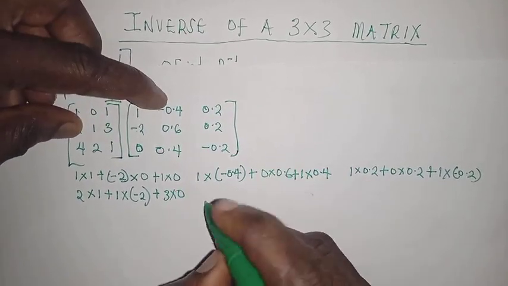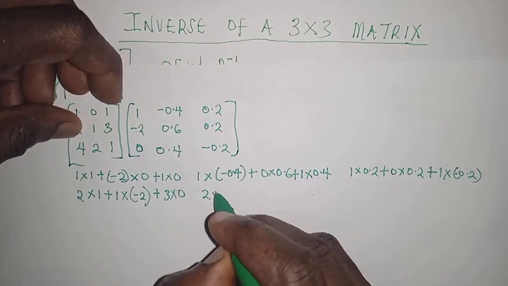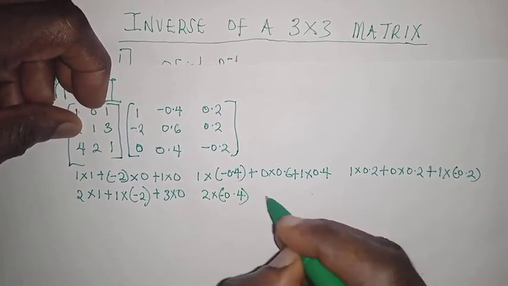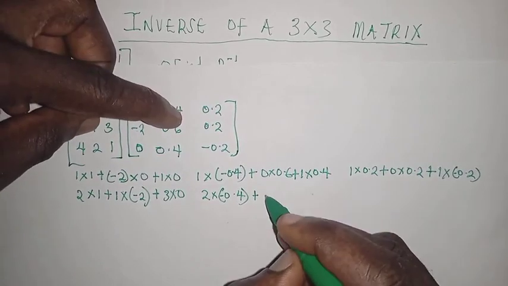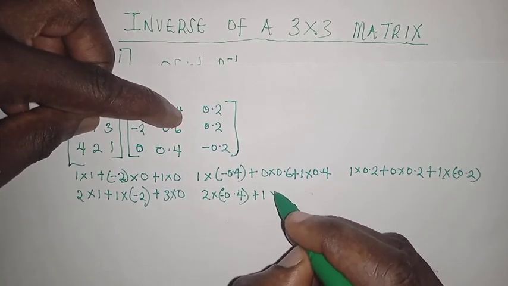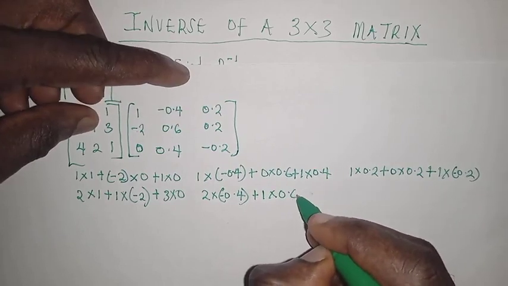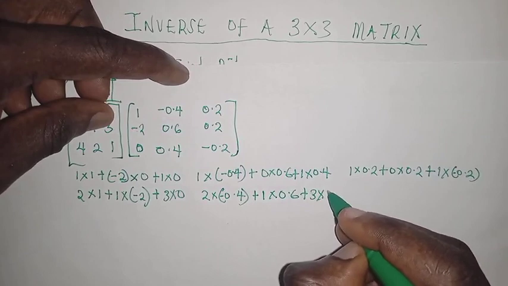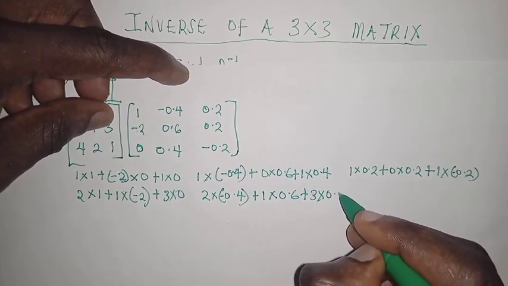Then 2 times minus 0.4 plus 1 times 0.6 plus 3 times 0.4.